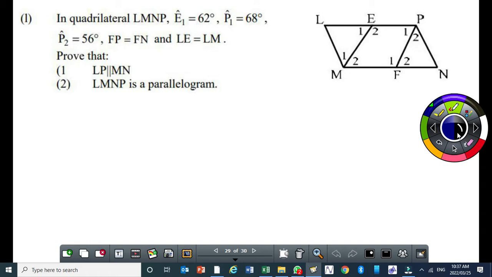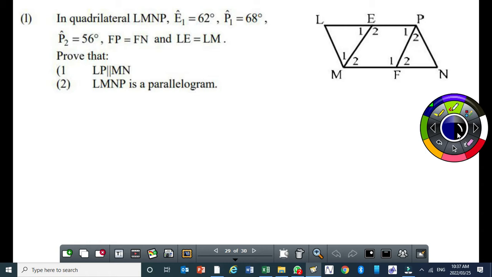Therefore, we have to identify alternate angles, coincident angles, or corresponding angles. If they are alternate, we need to prove that two angles are what? Equal.